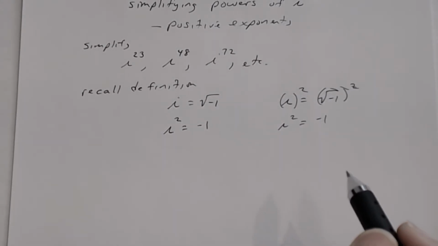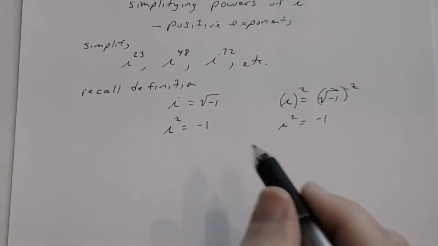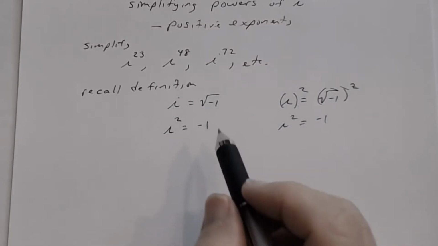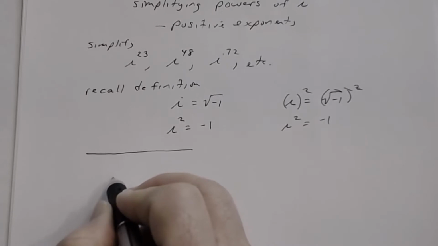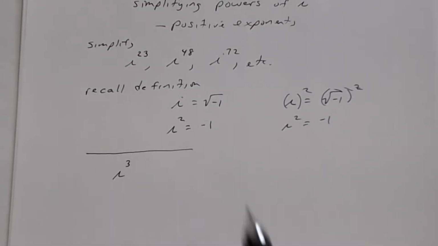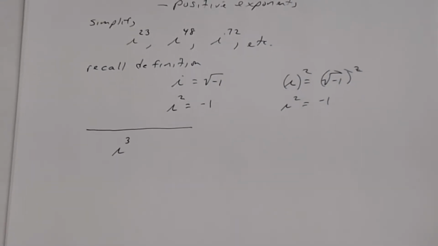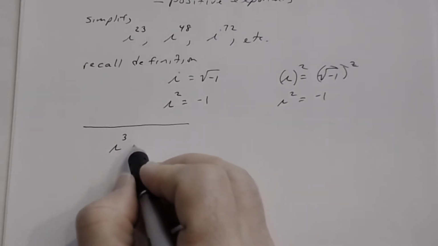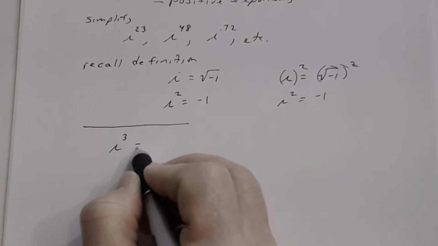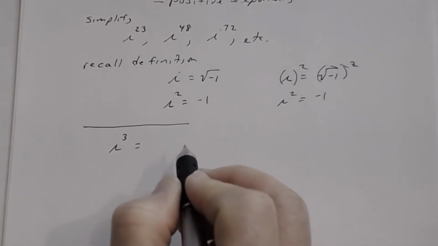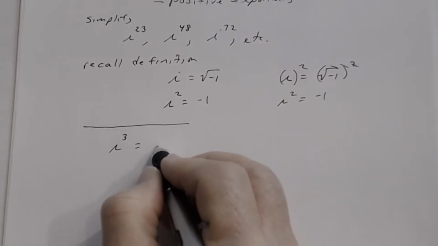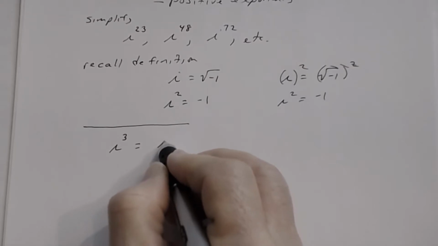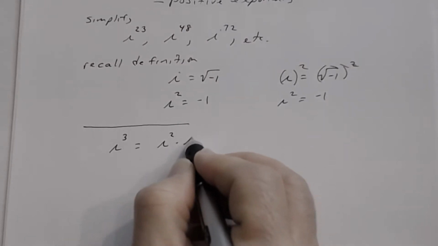Now, one of the things we have to look at is what about i cubed? The way you want to approach this is to use some properties of exponents from a previous course. Do y'all agree that i cubed I can write as i squared times i?